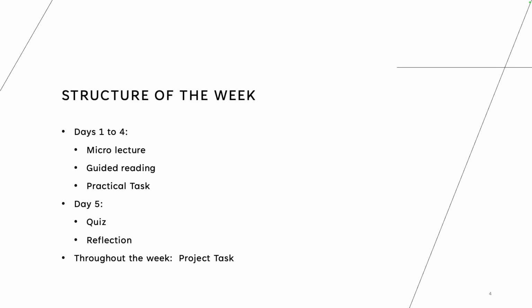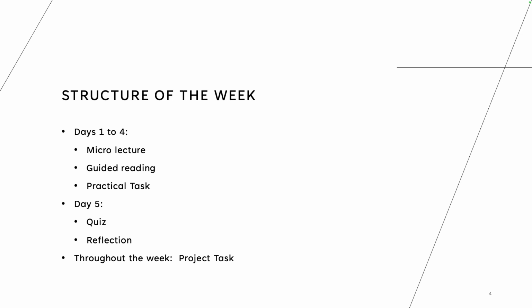After each micro lecture, you'll complete a guided reading, which includes try-it-yourself tasks to reinforce the concepts that you learn. Then, after completing the reading, you'll complete a hands-on practical task. Each of these practical tasks consists of a step-by-step guided activity, which is then followed by an independent work activity.